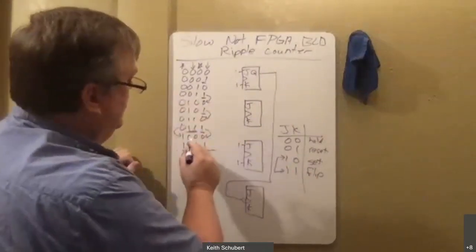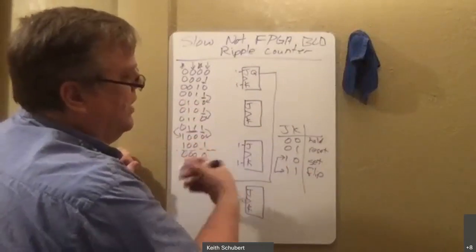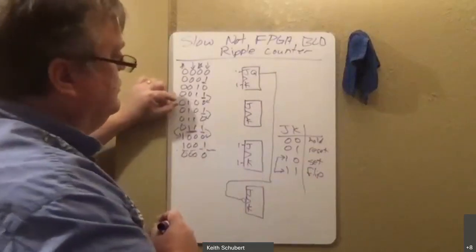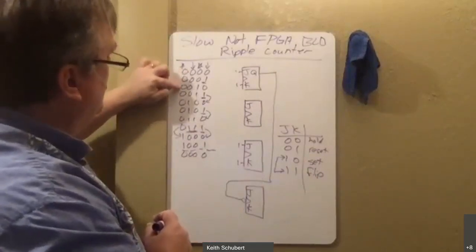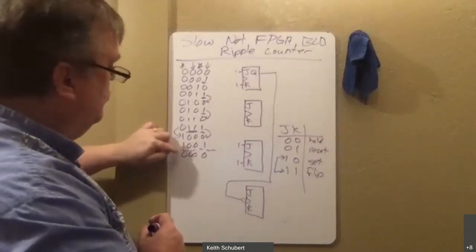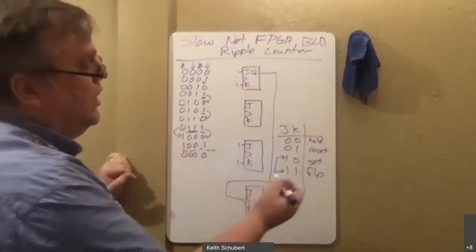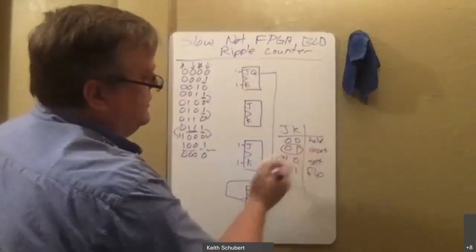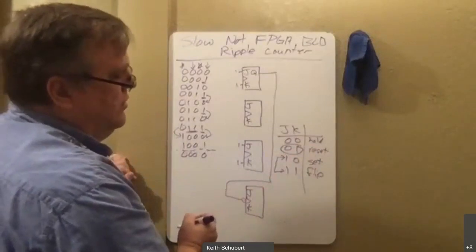In all other combinations of the previous two, I want to go to 0. Now, in some cases, like here, that means hold, but in some cases, it means to flip. So I don't want to use hold or flip because it means one or the other. But reset always gives me a 0, so I want to use reset for the other one.